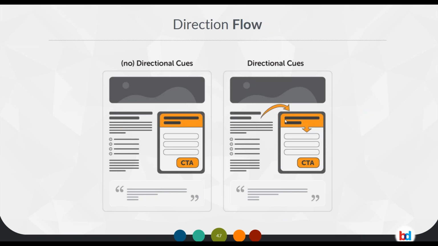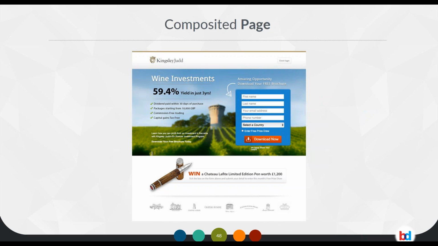Let's see what this looks like. I have landing pages for you to look at so you can now see where these things are at play. White space, color and contrast, encapsulation, direction and flow. It's all here. Read this, then read this. This is encapsulated.